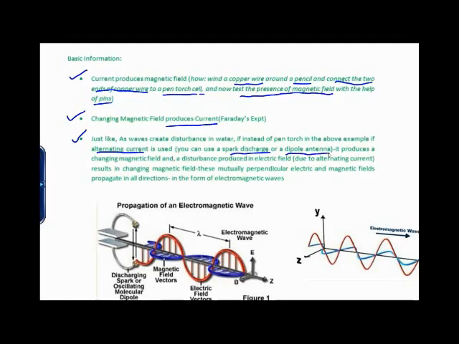This alternating current produces a changing magnetic field, and because of the very nature of alternating current, which flows in the reverse direction in every half cycle, a disturbance is produced in the electric field. This disturbance will result in a change in the magnetic field. These mutually perpendicular electric and magnetic fields propagate in all directions, and they are called electromagnetic waves.